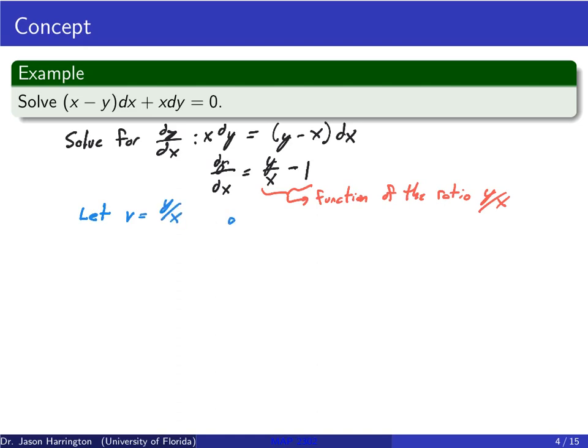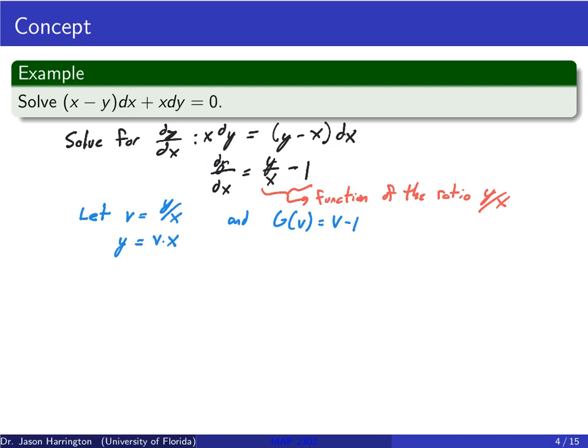So now if I just let v equal y over x, then we have this function, and g of v is just equal to v minus 1. Now, that's pretty much the hardest part, really, being able to identify that if it's a function of y over x, then I can just let v equal y over x. And now if I solve for y, I just get y is equal to v times x.